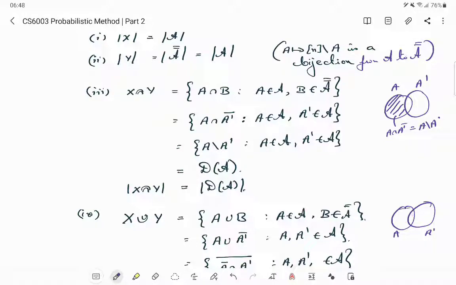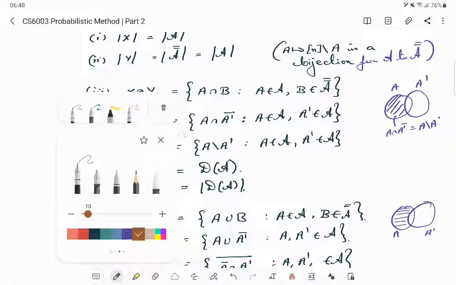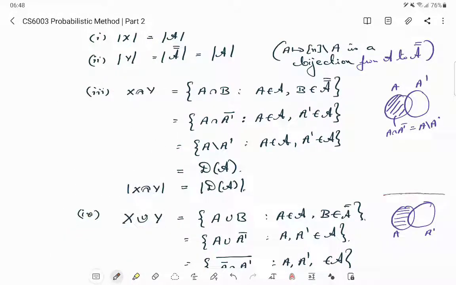Okay, so this contains A. Now it does not contain A prime, it contains A prime bar. Okay, so since it contains A prime bar, it contains the rest of this, right?